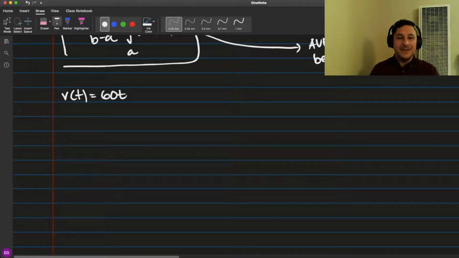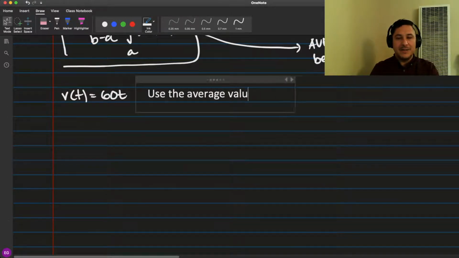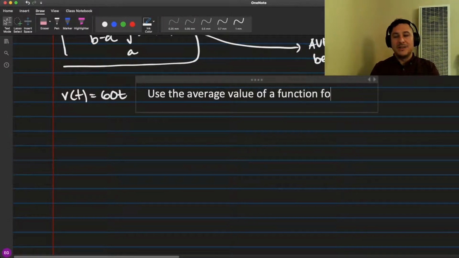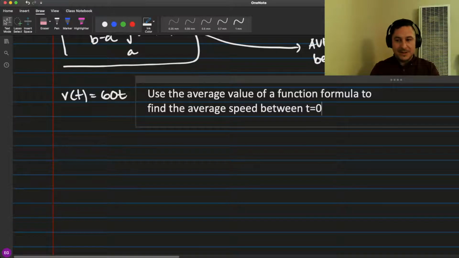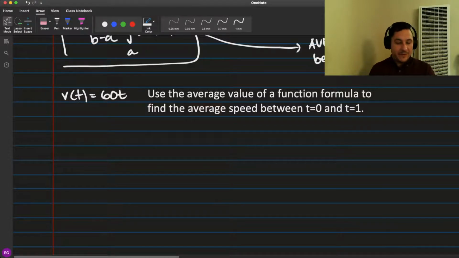We're going to use the average value of a function formula to find the average speed between time equals 0 and time equals 1. So in other words, how fast on average were we traveling?